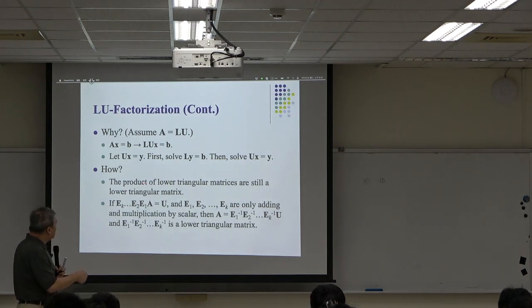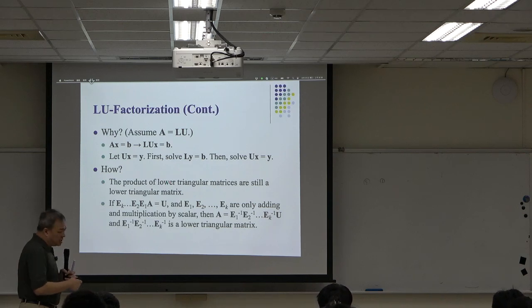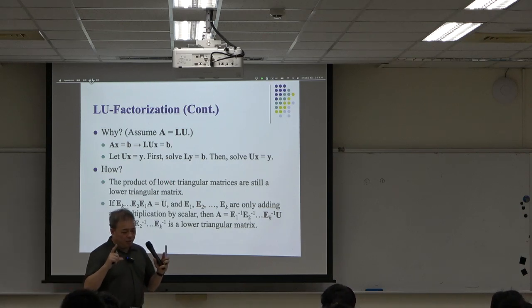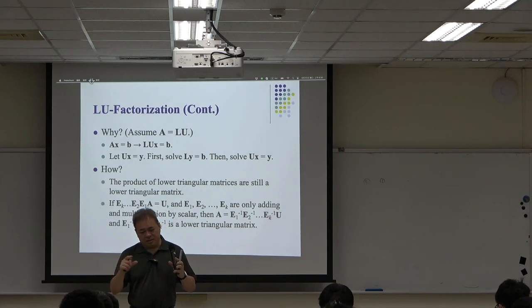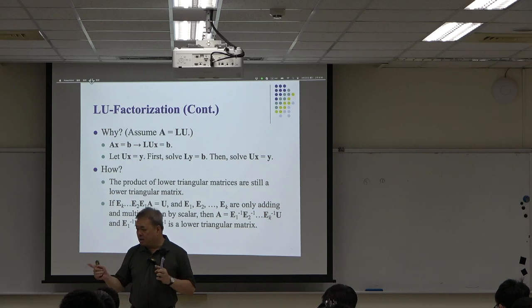So we want the product of lower triangle matrices. Sorry, we want the lower triangle matrix. Okay, but we know that if A and B are lower triangle matrices, the product of them will still be lower triangle.